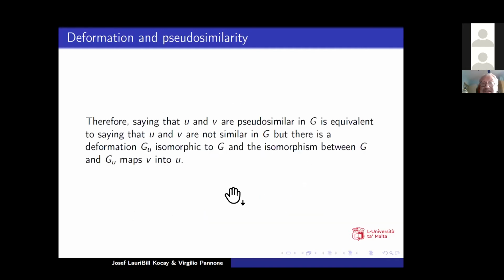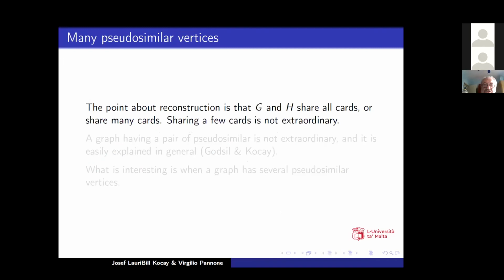So we can say that when we say that U and V are pseudosimilar, that is equivalent to saying that U and V are not similar in G, but there is a deformation at U, GU, which gives a graph isomorphic to G, and the isomorphism between G and GU then maps V into U. So V and U become linked by an isomorphism. Okay, so that could be the definition of pseudosimilarity in terms of deformations.